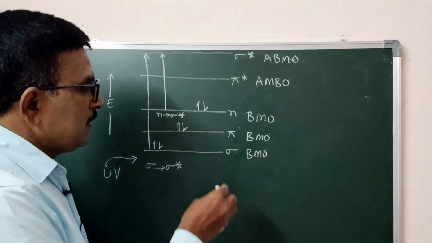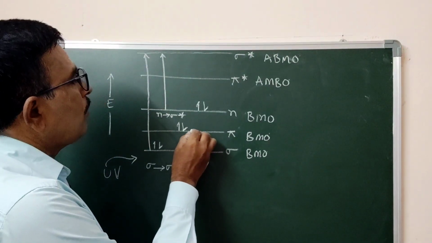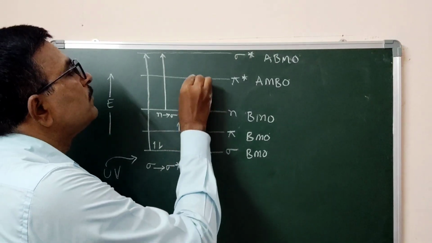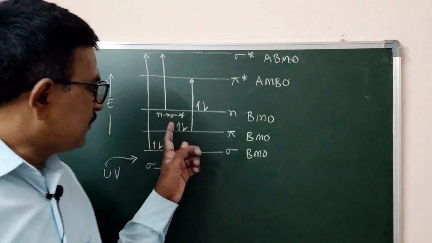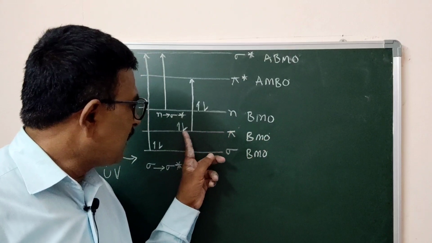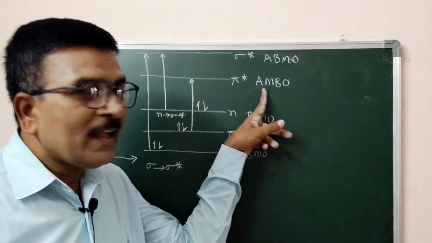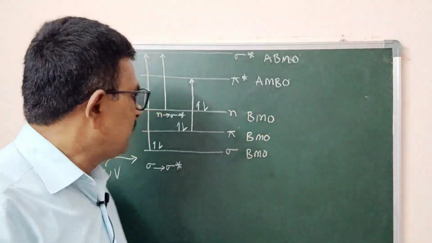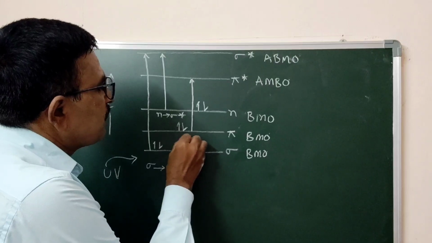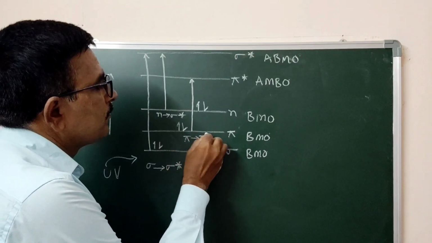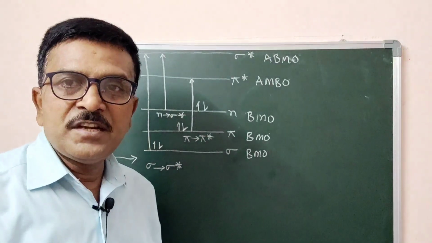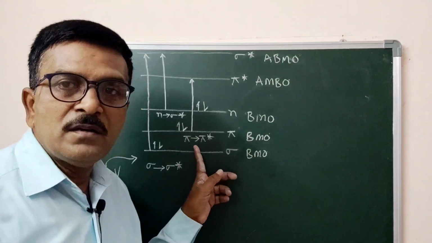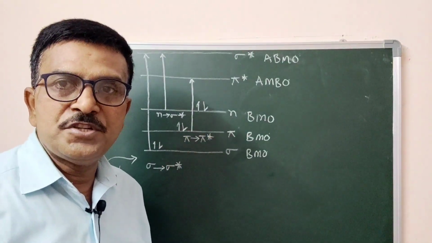Or the electron may undergo transition from its pi bonding molecular orbital to the pi anti-bonding molecular orbital. This is the pi to pi star transition, a third transition, also an allowed transition.